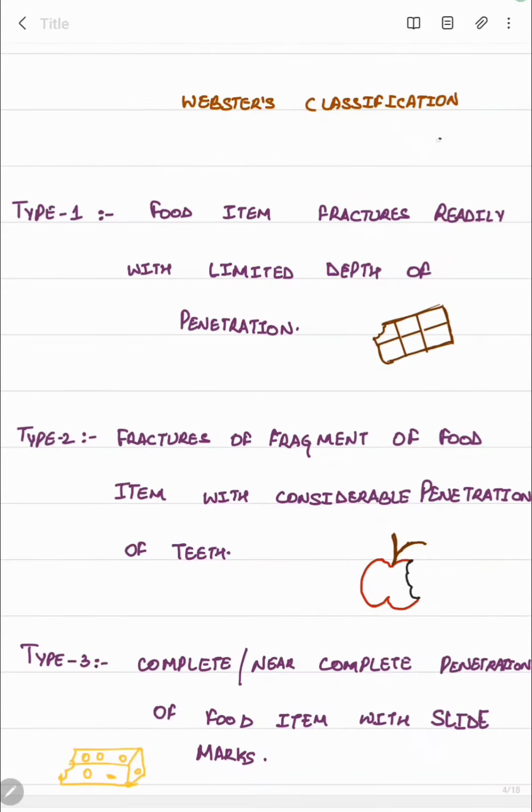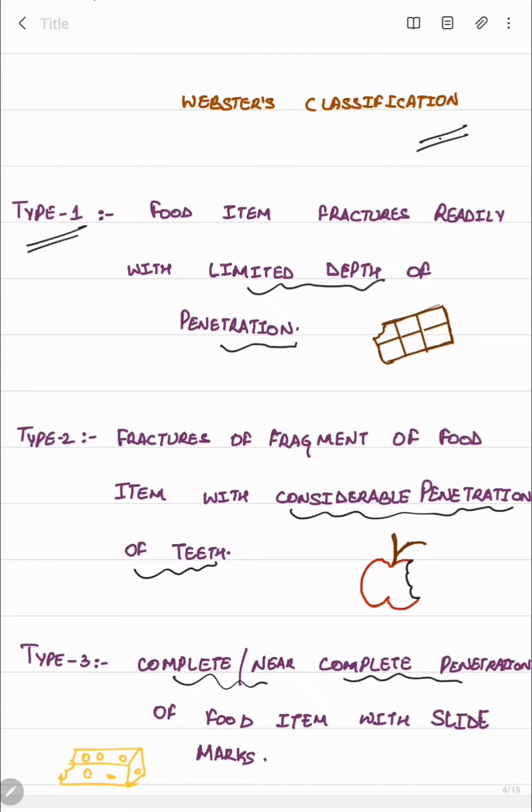The next classification of bite marks is Webster's classification, which deals with bite marks present on food items, right? Type 1 is where there is limited depth of penetration of teeth over the food item. Type 2 is with considerable penetration of teeth. And type 3 is with complete or near complete penetration of the food item with slight marks.